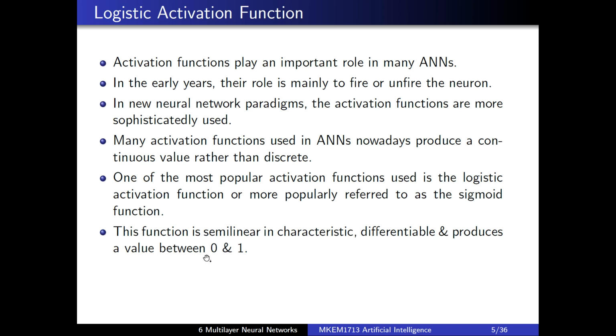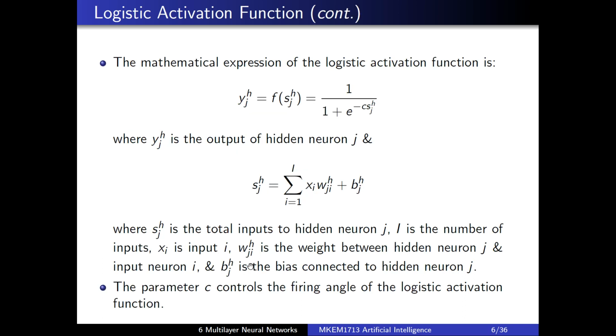So this is not like the binary activation function where you would have only two possible outputs, either 0 or 1. Here the possibility is infinite, but it's always between 0 and 1. So I hope you know the difference. This is the mathematical expression of the logistic activation function. This is the output.